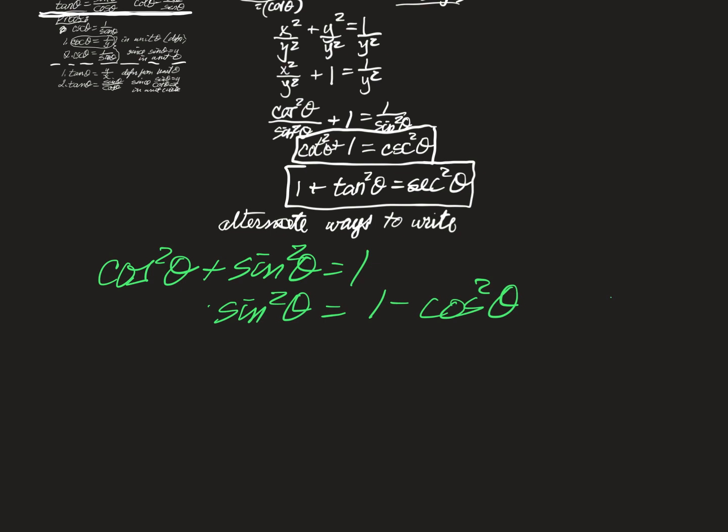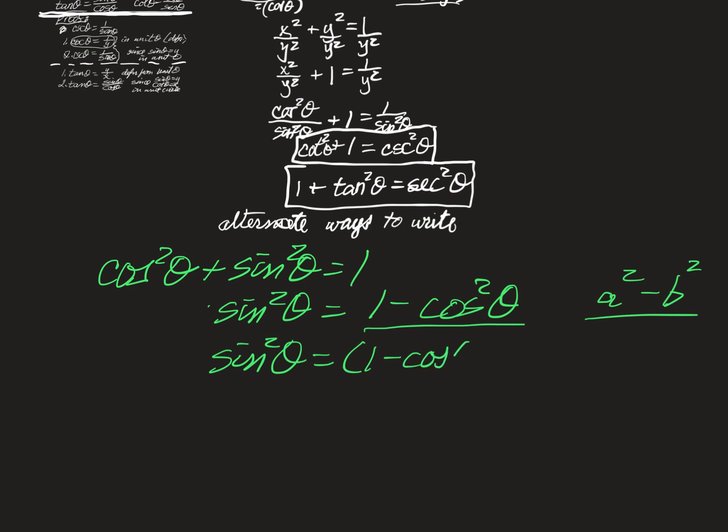So this really mimics our algebra expression a squared minus b squared. This is really a difference of squares. Okay? So I could factor it. So I could say sine squared theta is equal to 1 minus cosine theta times 1 plus cosine theta.